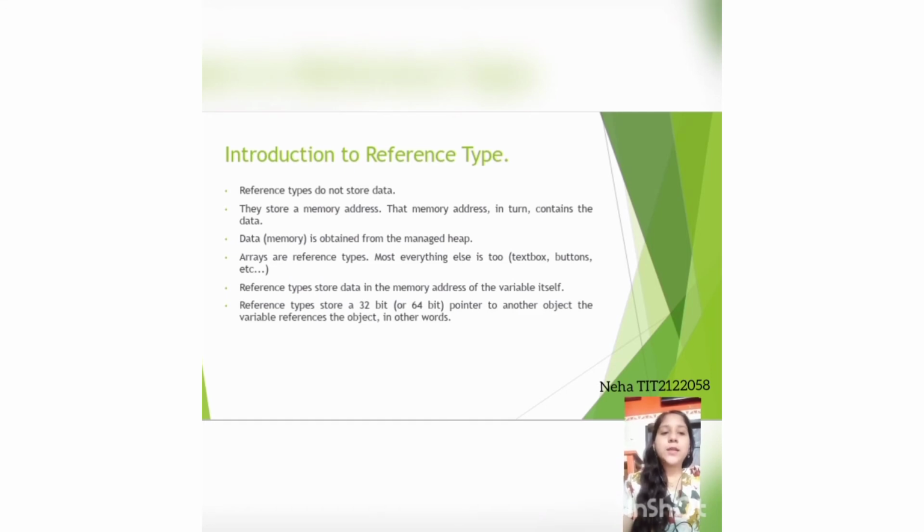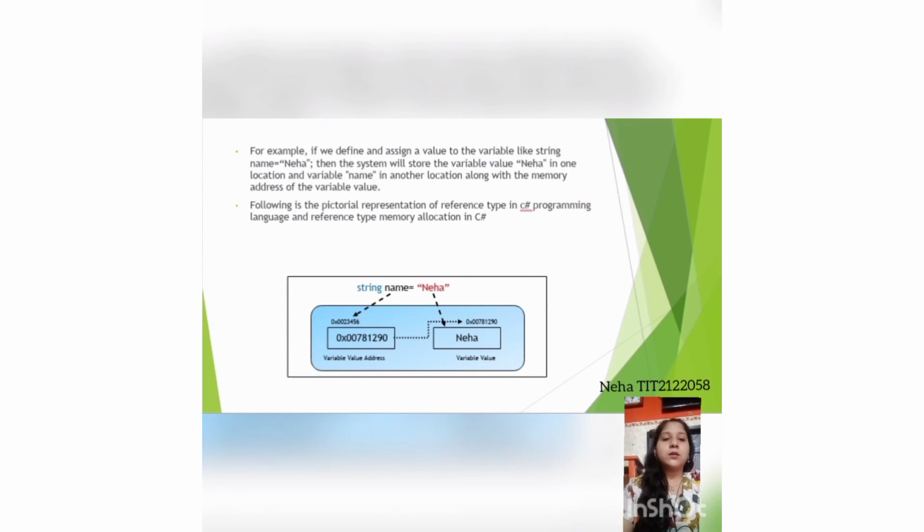Also, a reference type stores a 32-bit or 64-bit pointer to another object, the variable reference of the object. For example, if we define and assign a value to a variable like string name equal to Neha, then the system will store the variable value Neha in one location and the variable name in another location, along with the memory address of the variable value. And this one is the pictorial representation of the reference type.